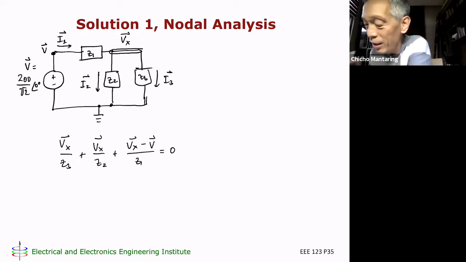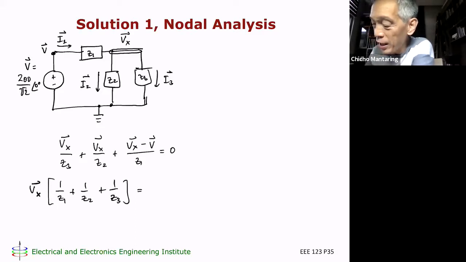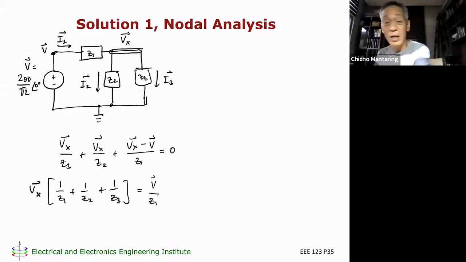Okay? So if I manipulate this, what is this? This is Vx over 1 over Z1 plus 1 over Z2 plus 1 over Z3 is equal to, tapos ilagay ko tong term na to sa right side, V over Z1. No? V over Z1.